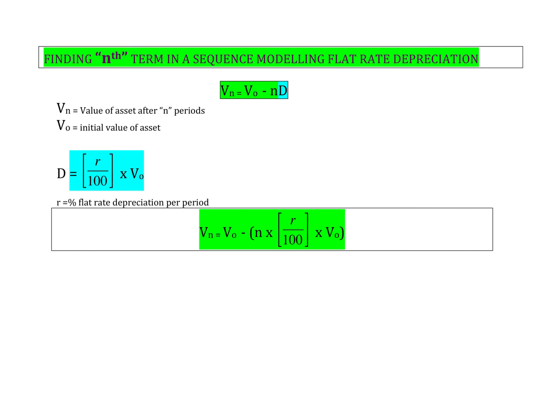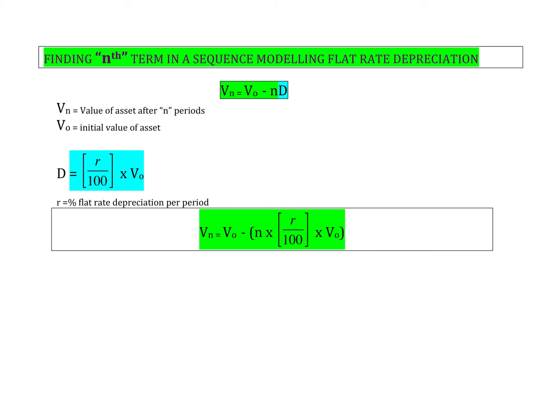Then I said, what's the value after 20 years? We don't want to keep pressing enter. We don't want to do it recursively. So we create this nth term formula, which means I can calculate the value of the asset or the object at any year. And that's what the n stands for, any period.